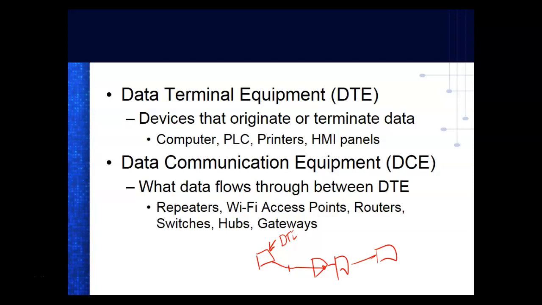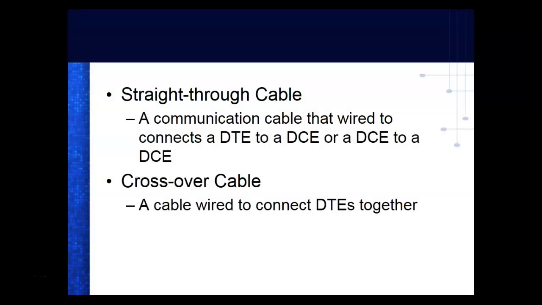Very important, guys, because then this over here makes sense. A straight through cable, which is what we build, is designed to hook DTEs to DCEs or DCEs to a DCE. Now, we have two conductors called transmit, and say these are pin 1 and pin 2.